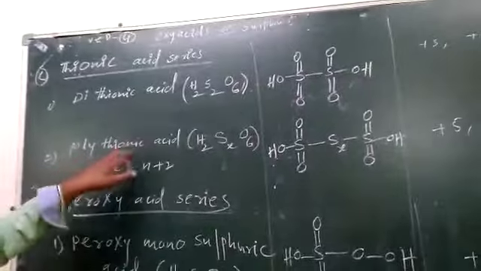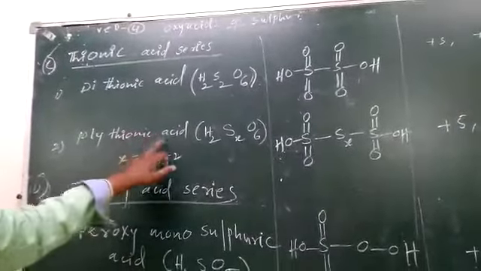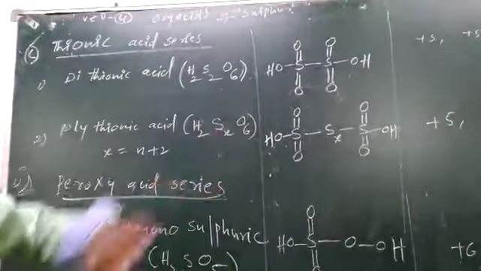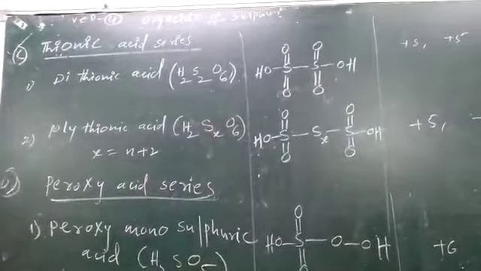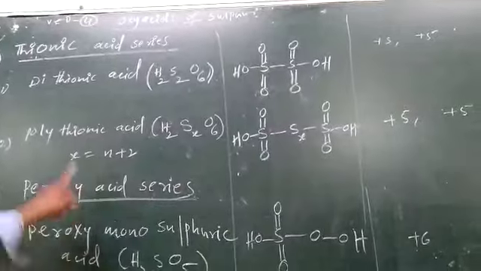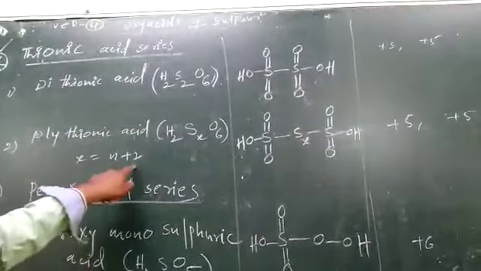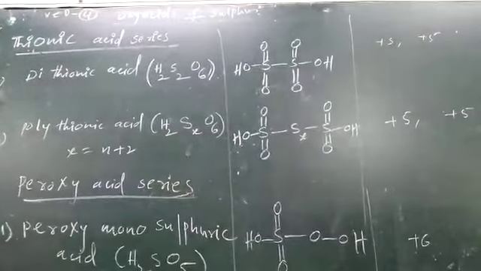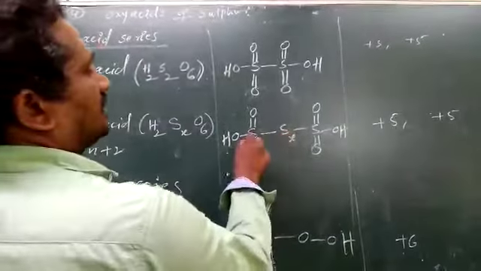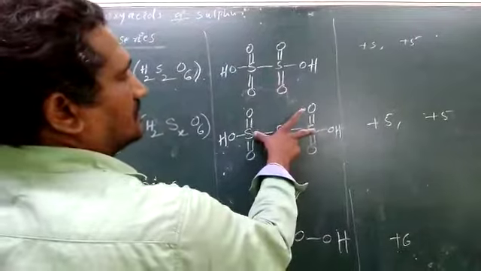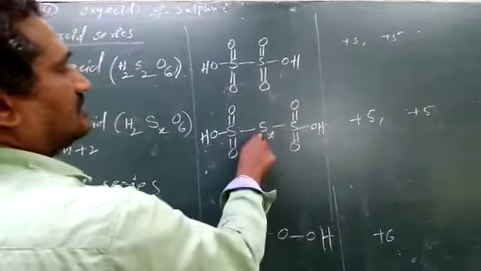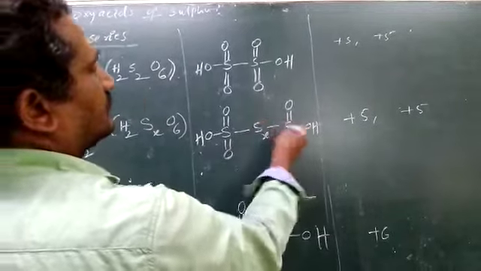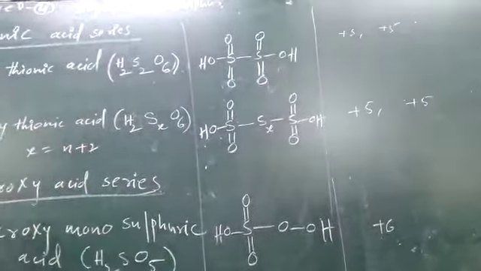Next is polythionic acid, H2SxO6, where x equals n+2. N sulfurs are present, plus the 2 ending sulfurs, so that's why n+2.